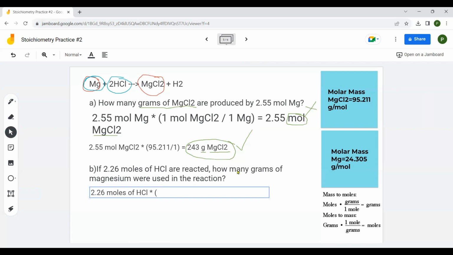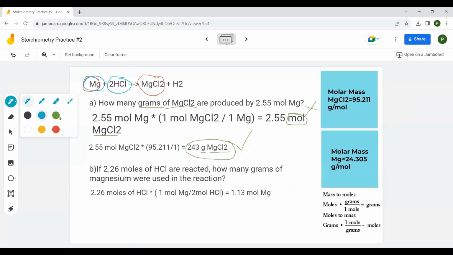So our unknown is magnesium, so 1 mole of magnesium on the top. And on the bottom, we have 2 mole of hydrochloric acid, or HCl. So if we go ahead and plug that into our calculators and figure that out, we're going to end up with 1.13 mole of magnesium.